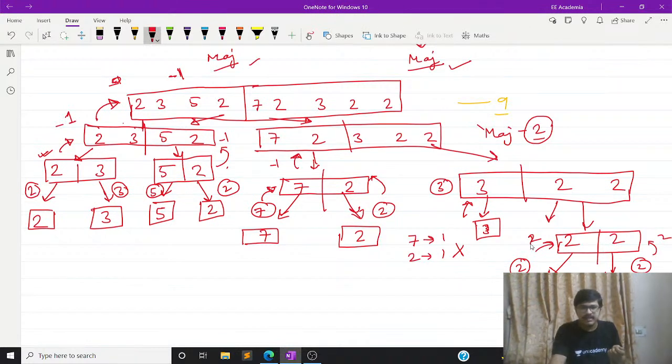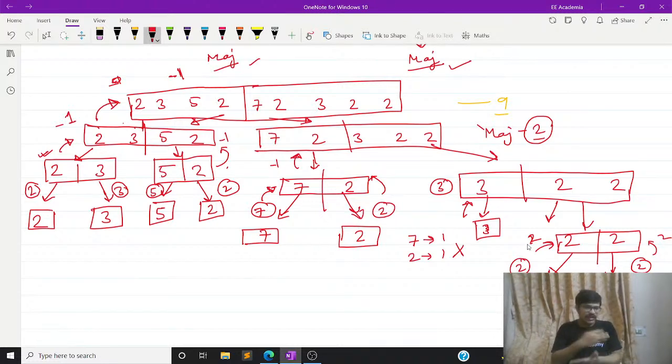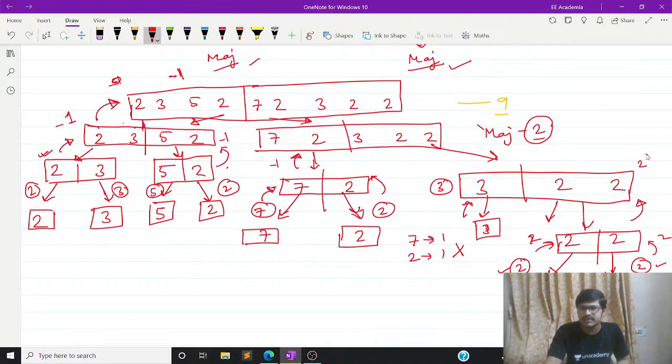So if both of them have the same majority element, then you can directly say that 2 is the majority element in the entire array. Isn't this obvious? 2 is the majority in the left half, also in the right half, so it will also be the majority in this entire array. So I can simply say that 2 is the majority element in this case.